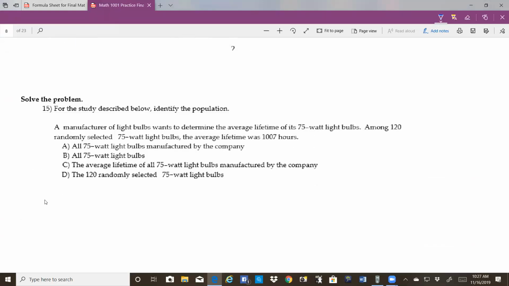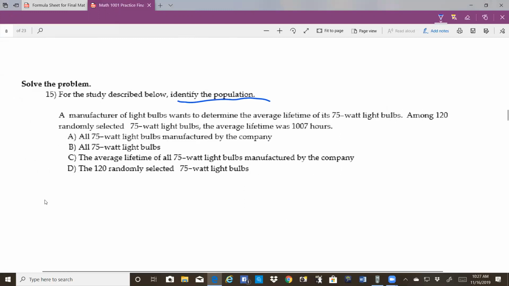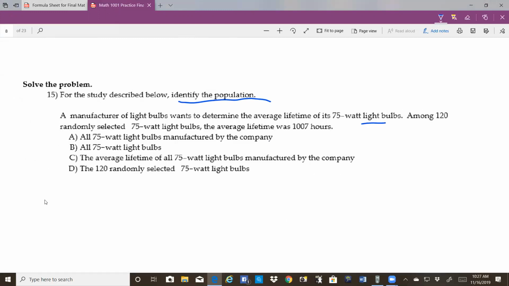Number 15, we're doing a study. Identify the population that you're studying. The manufacturer of light bulbs wants to determine the average lifetime of its 75-watt light bulbs among 120 randomly selected 75-watt light bulbs.